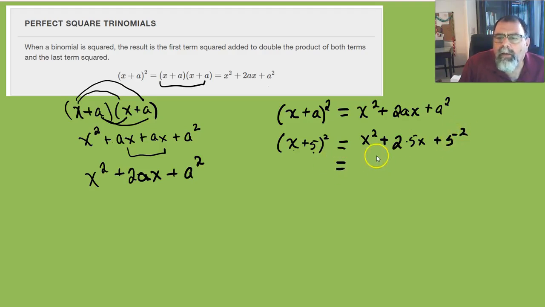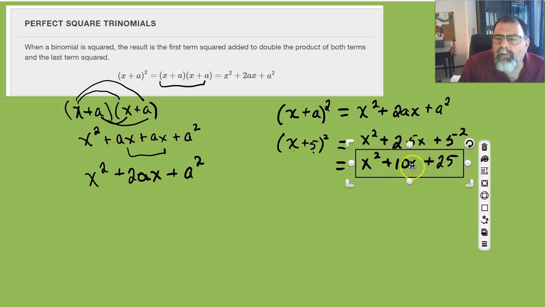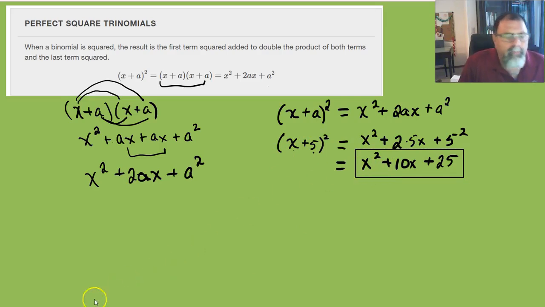Normally I wouldn't write this down. I would say in my head 2 times 5 is 10 times the x, and then 5 squared is 25. Okay, and that would be the answer there. And this is what we call a perfect square trinomial, because you got 3 terms, and it comes from squaring this binomial.